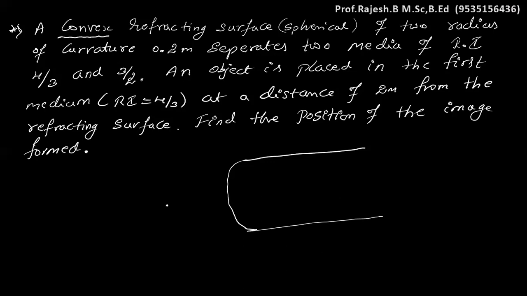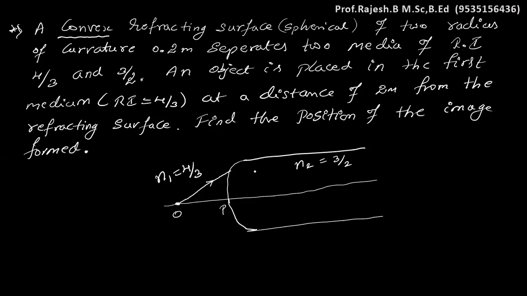Here is the principal axis. Here is the object placed, and here will be the pole. The object is placed in the medium of refractive index 4 by 3, and the image forms somewhere here. We don't know where the image is.